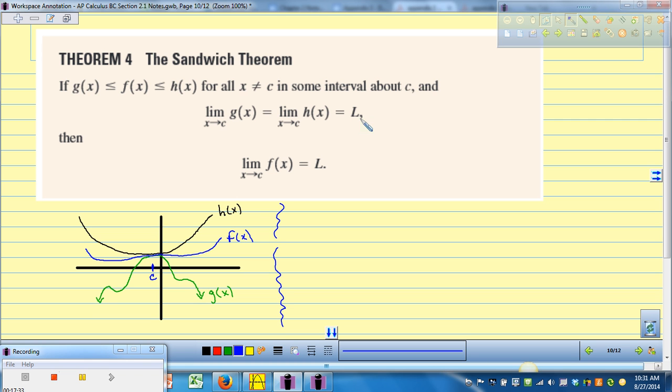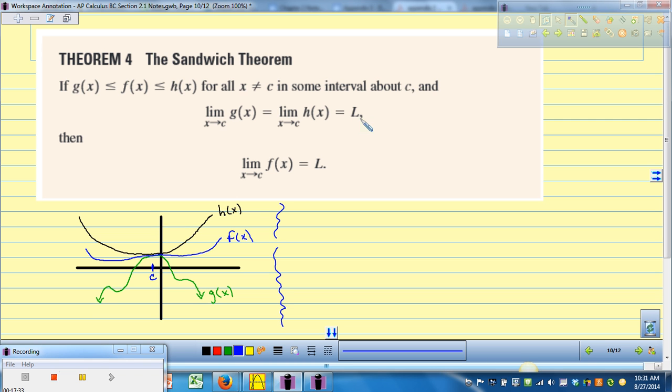So that's a lot of words. The picture is more helpful, I think. So we have a situation where we have h of x, and g of x is less than h of x everywhere, and f of x is between the two everywhere in our interval. Okay?